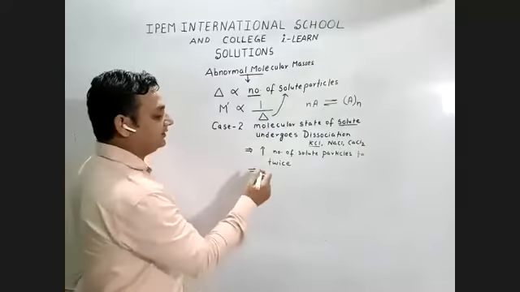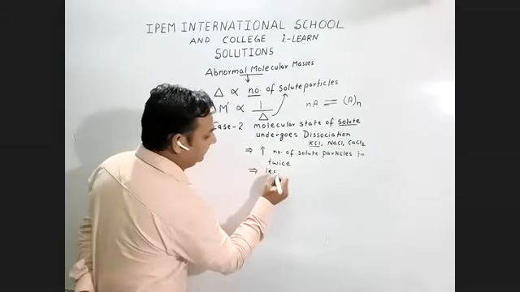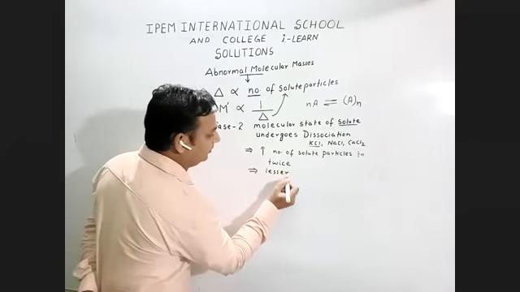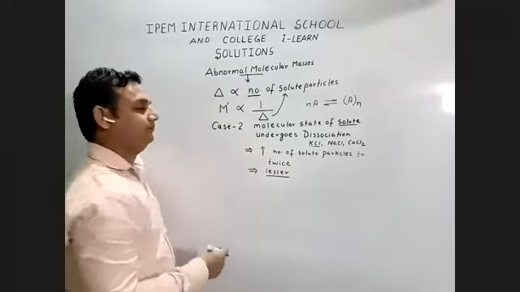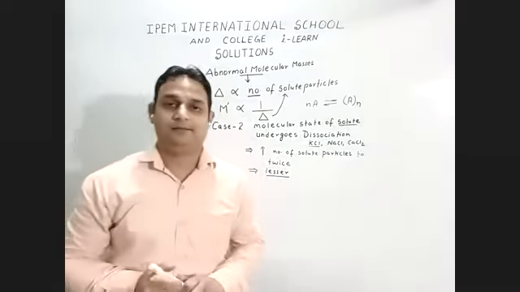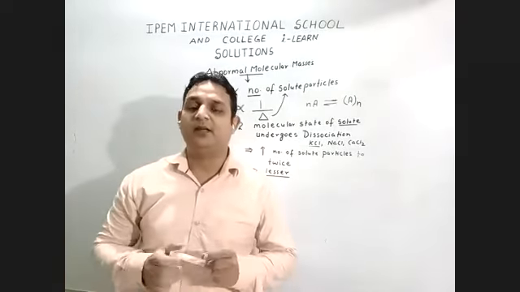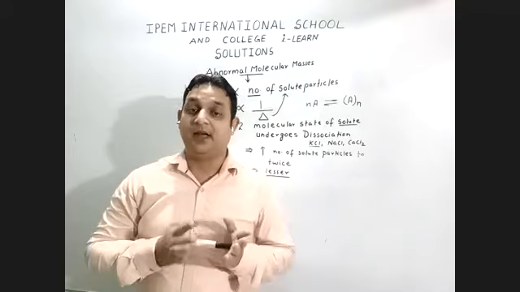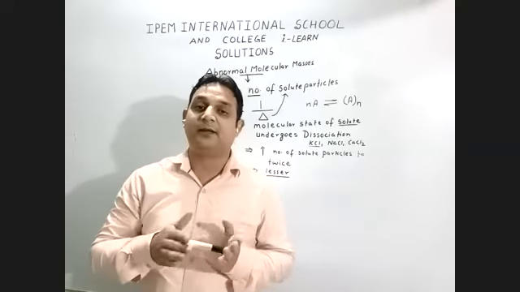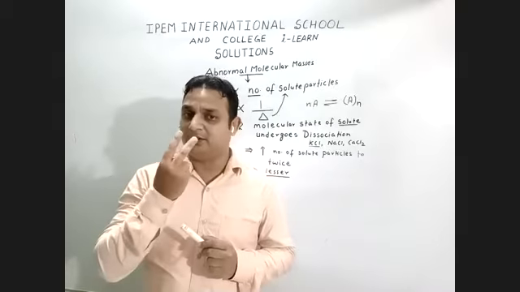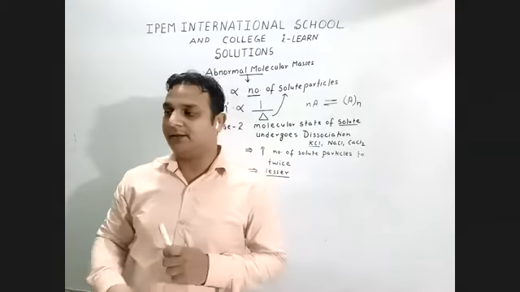They have lesser abnormal molecular masses as calculated from the colligative property as compared from its chemical formula, because the solute particles after dissociation become twice. All right.